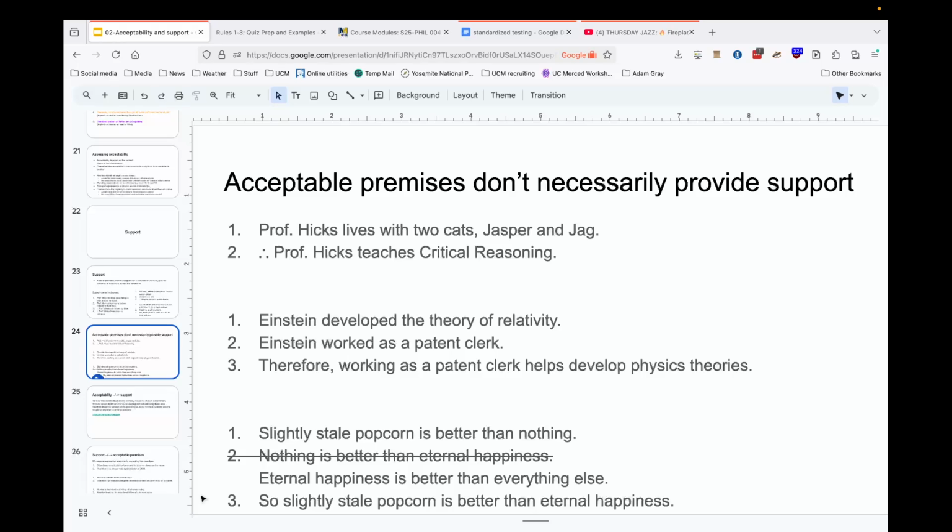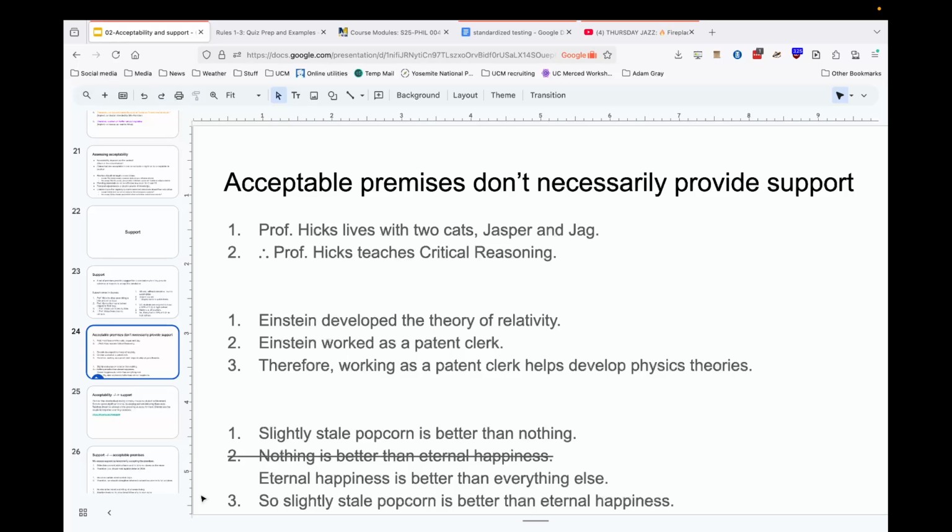Okay, there is that very small technical difference, but I think for our purposes, especially since I want to move on, "eternal happiness is better than everything else" says pretty much the same thing as "nothing is better than eternal happiness." But when we rewrite this premise, the feeling that it's supposed to support the conclusion somehow goes away.